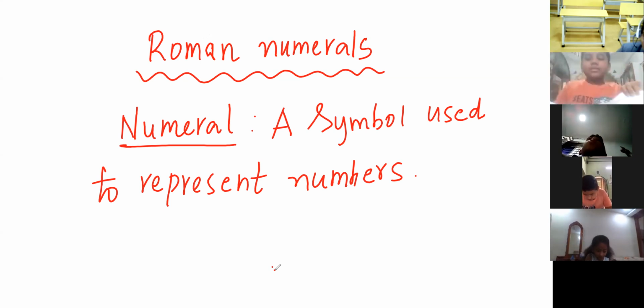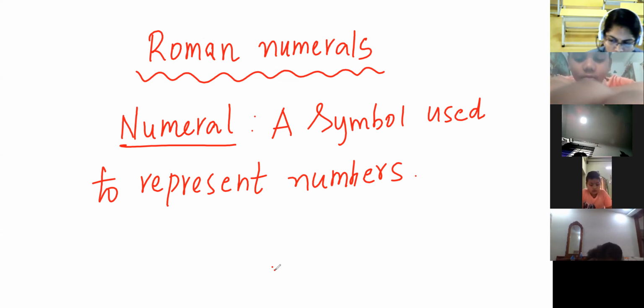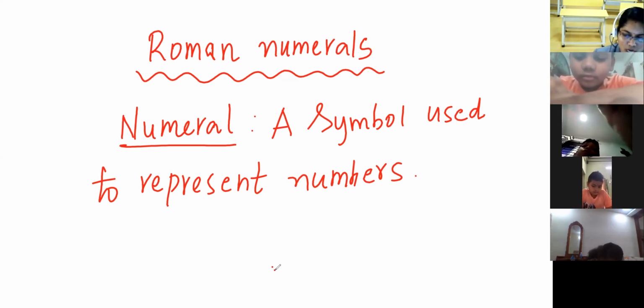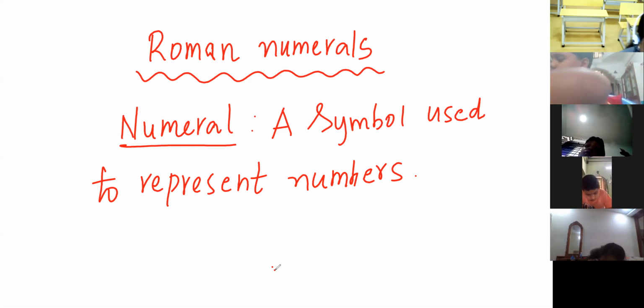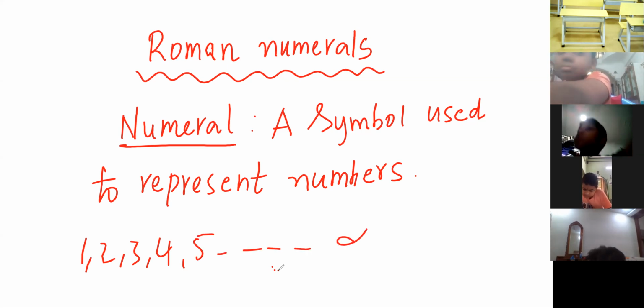Presently, what are the numerals we are using right now? We are using 1, 2, 3, 4, 5, 6, like that. Still infinite numbers will be there. What is this symbol called? Infinity.